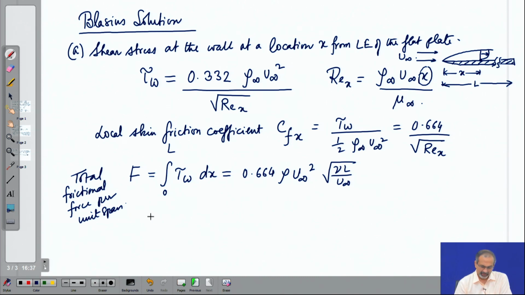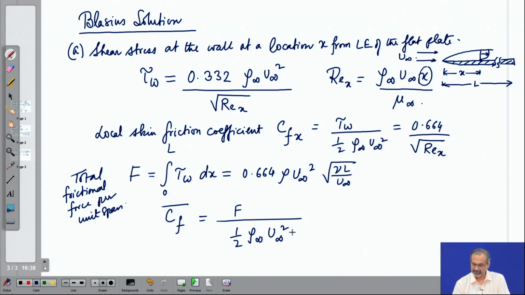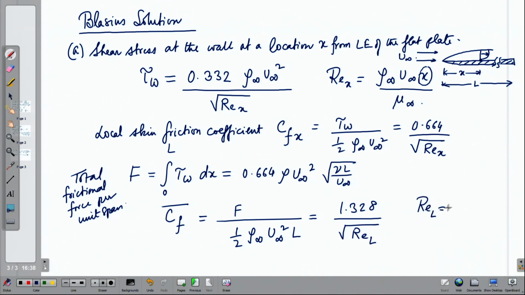Now, based on that, you can have an average skin friction coefficient on which we put an overbar. And what do we do? We basically divide this capital F by half rho infinity u infinity square L. And that comes out to be this, where ReL is based on the plate length.